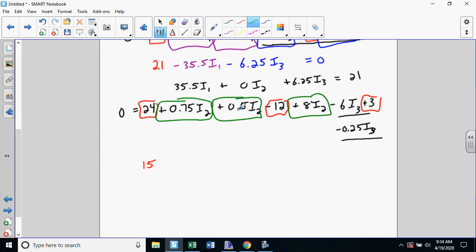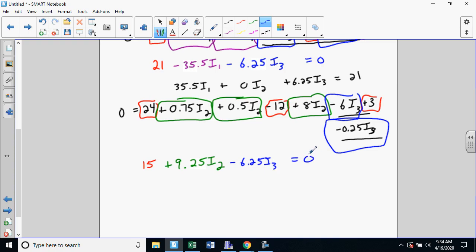So 8 plus 0.75 plus 0.5 is 9.25 I2. And then the last ones are the I3 terms. So I've got a minus 6 and a minus 0.25, which gives me minus 6.25 I3.